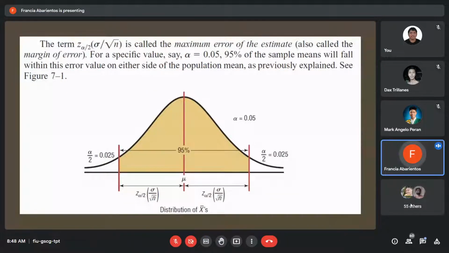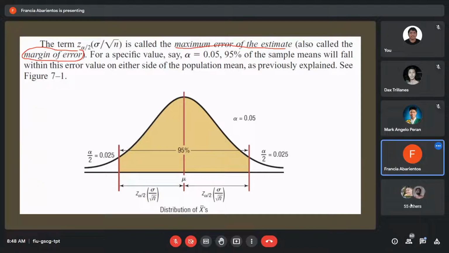So ito, class, anong tawag na ng term natin ng z-value times the standard deviation over the square root of n is the maximum error of estimate. Yan. Or tinatawag nating margin of error. Ito kadalasan kasi makikita mo sa mga surveys na pinapublish sa news.